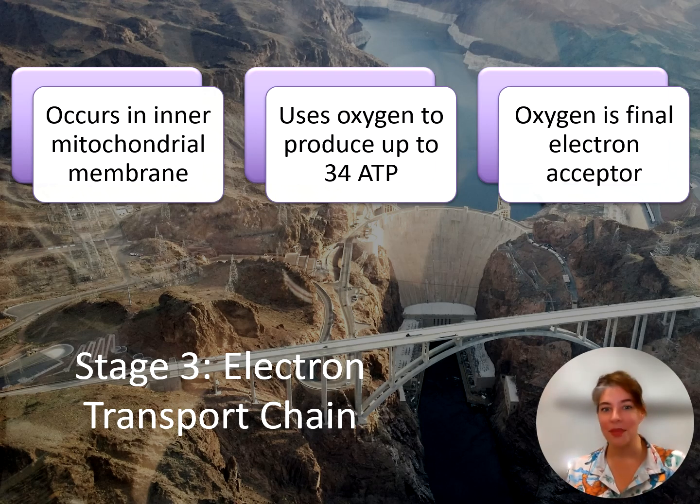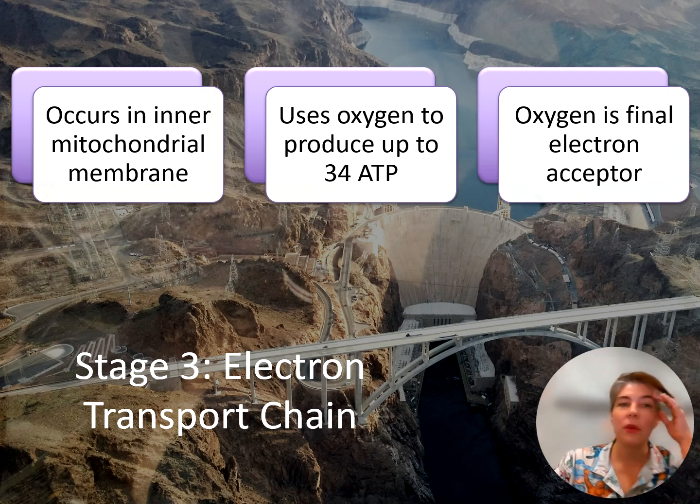Next, okay, so we've said electron transport chain a whole bunch. This is going to happen in that inner mitochondrial membrane. It uses oxygen to produce up to 34 ATP. That's right, 34. Oxygen is the final electron acceptor here.